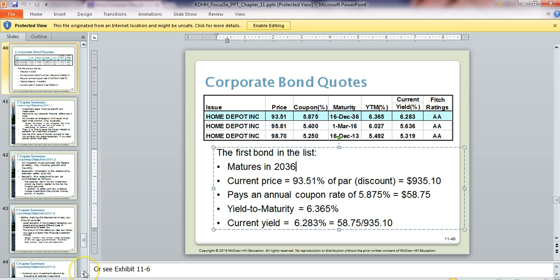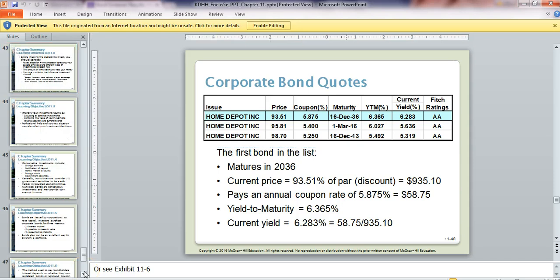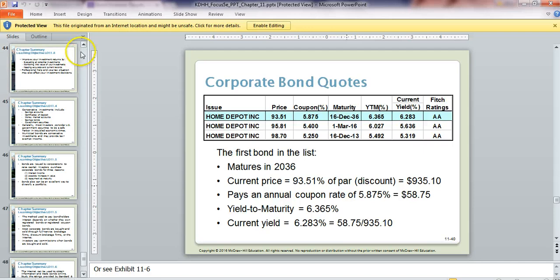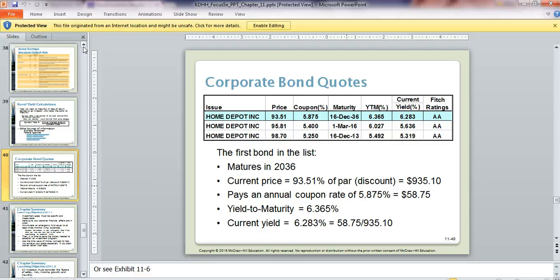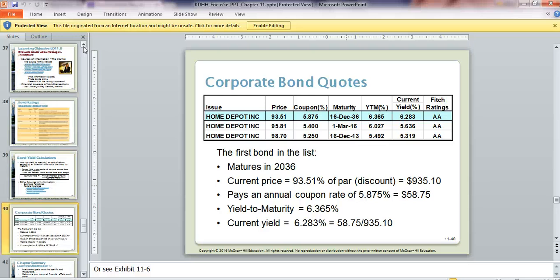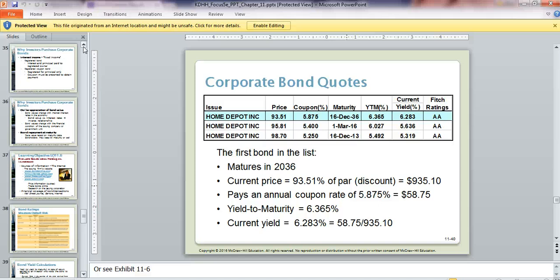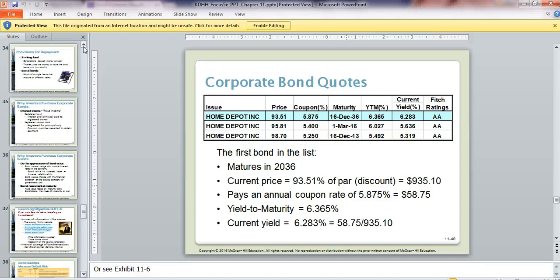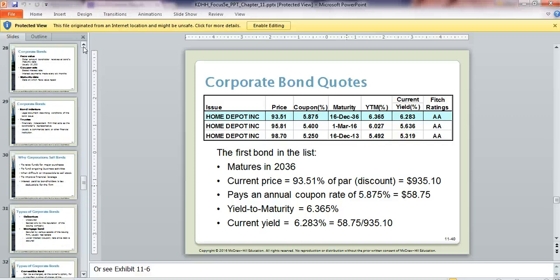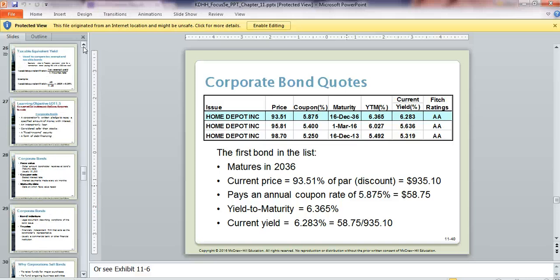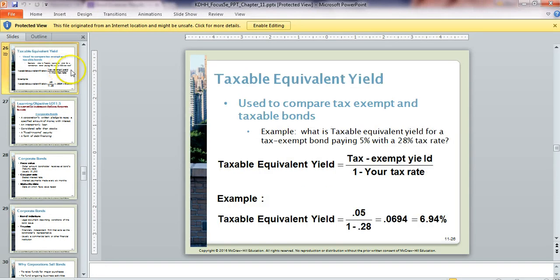Let's see. There is one more thing I want to point out, and that's the formula for Muni bonds, if I can find it. Muni bonds have some features that make them attractive to a certain population group. Muni bonds are often tax exempt.